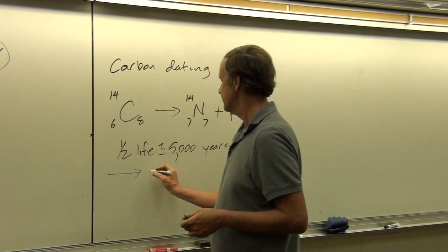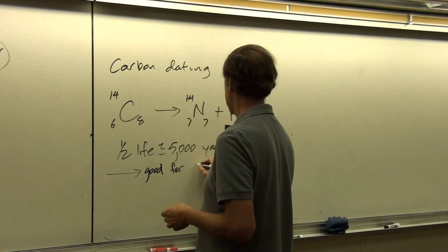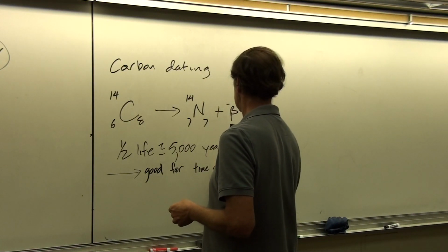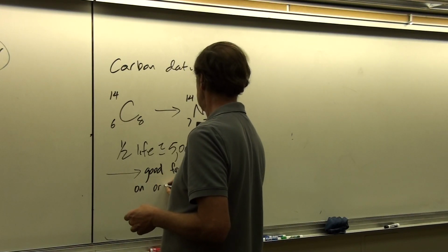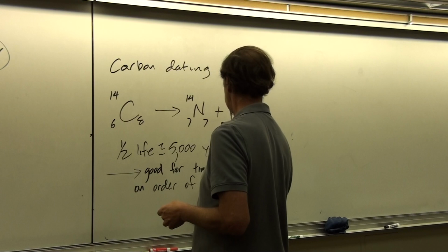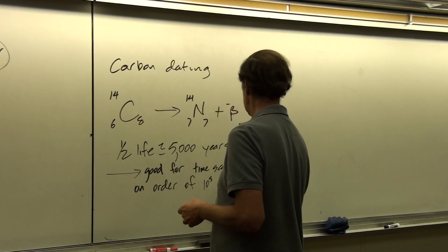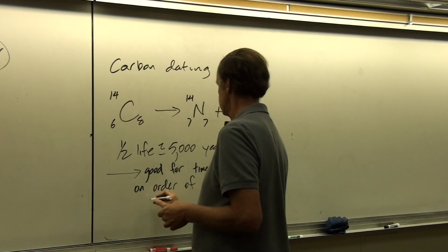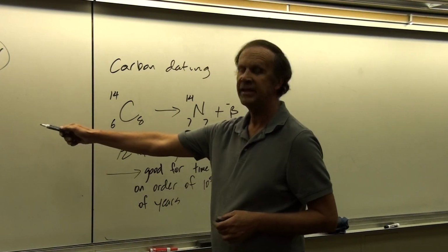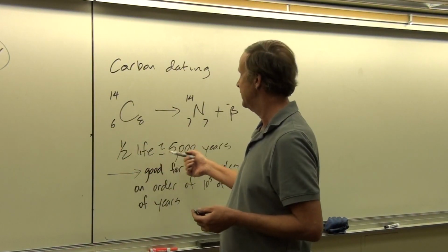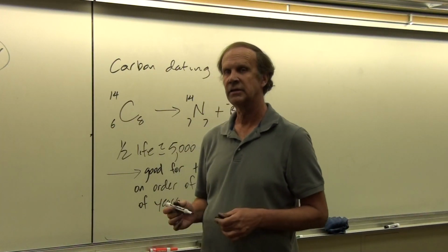But so this is good then for timescales on the order of tens of thousands of years. But not good for the age of the Earth, because the age of the Earth is way too many 5,000-year time periods, and there'd be not enough measurable carbon left.